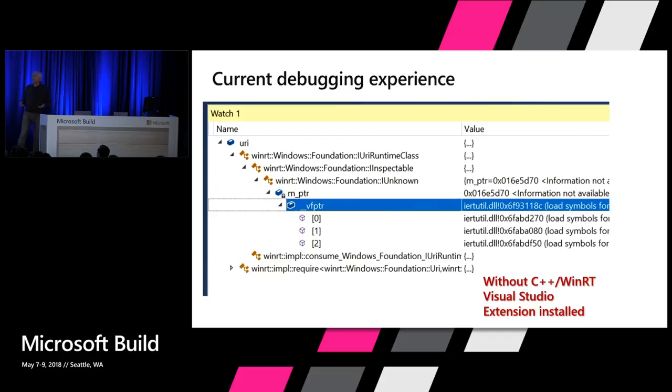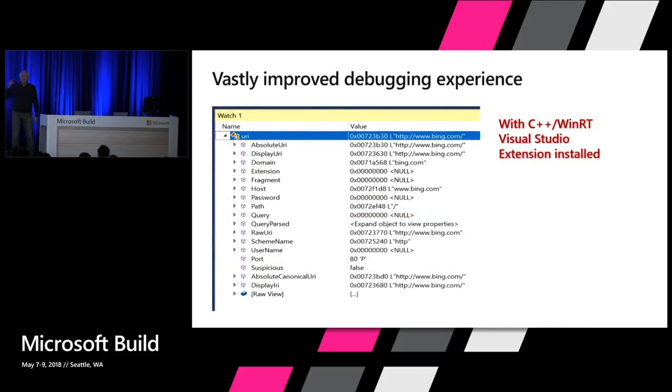Well, I didn't find that as helpful as maybe you do. And by the way, you get the same thing in C++/CX, so we're not lagging there, or in raw C++ with the WRL code that you saw. But once you install our extension, it knows that this is a projected type. It's really just a smart pointer to something behind. And remember that metadata? I have metadata about all the types. So my debugging extension now can show the URI object like this.